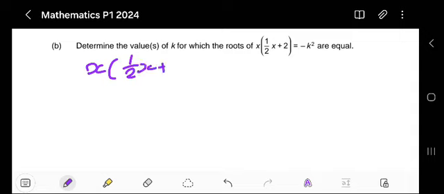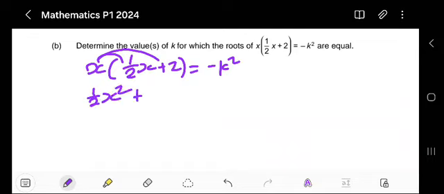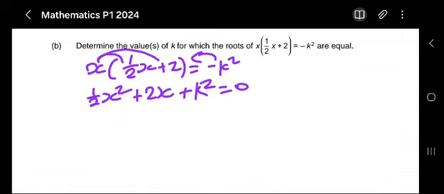I can distribute like this: I will have 1 over 2x squared plus 2x, then I can take that to the other side, it will be positive k squared, and we're left with 0.